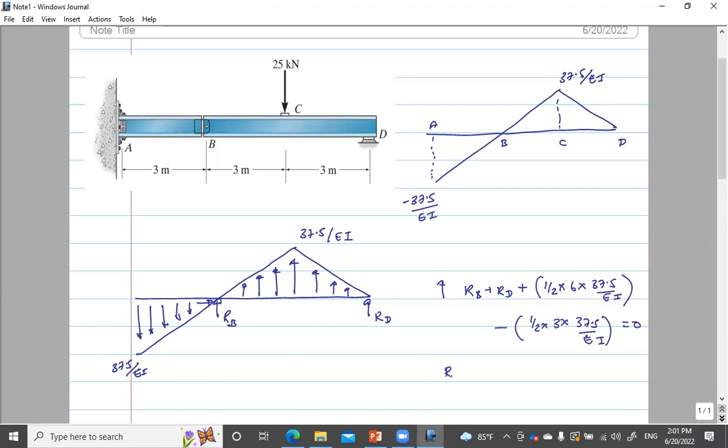So RB plus RD is equal to minus 37.5 minus 56.25.